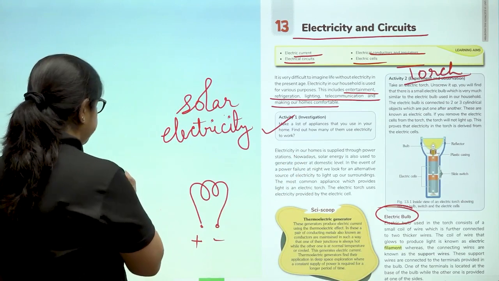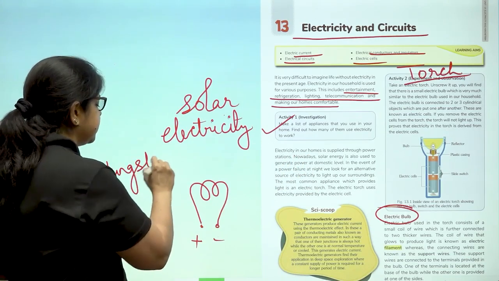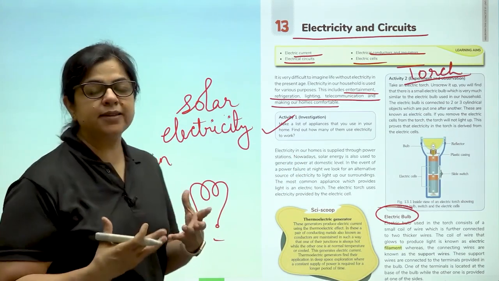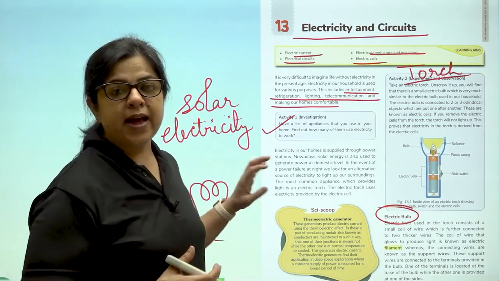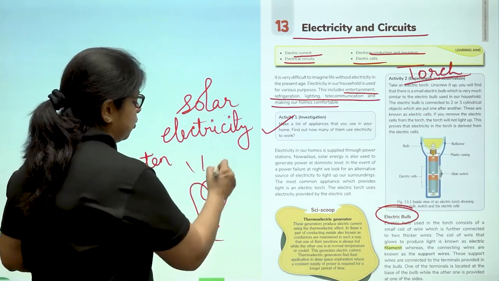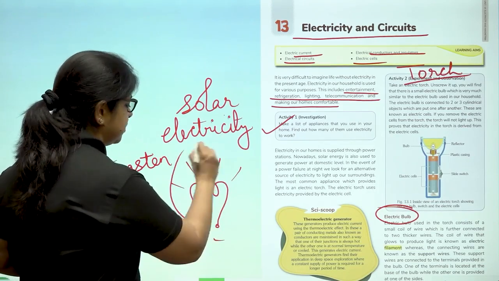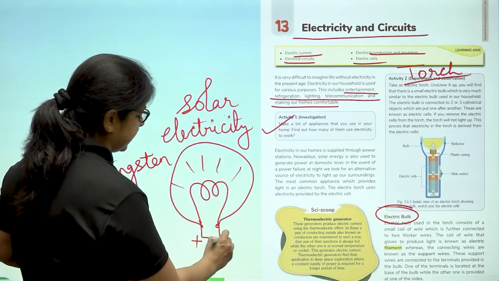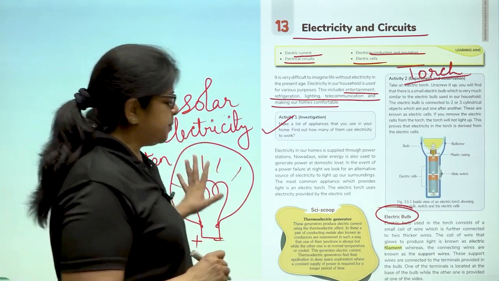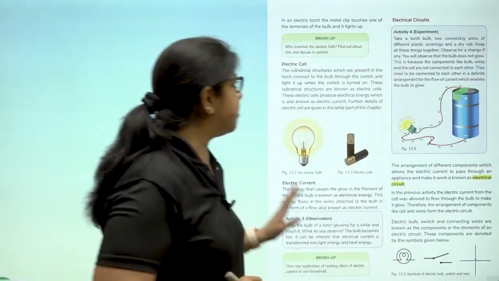It is made up of tungsten. Tungsten is a metal which gets heated when electricity is passed through it and it begins to glow. And this bulb is put in a glass container. This is the basic structure of an electric bulb.